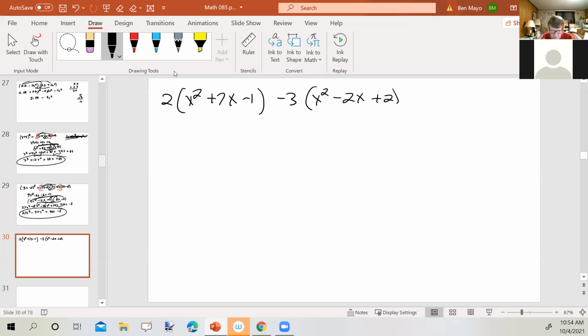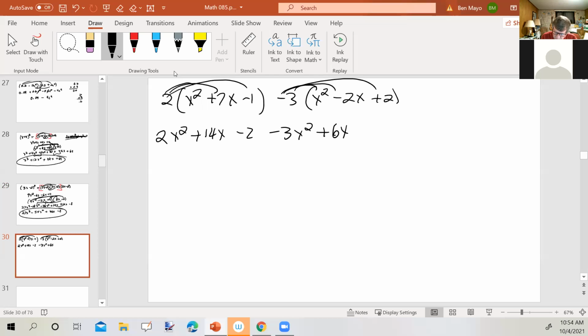We'd look inside the grouping symbols, x squared plus 7x minus 1. There's no like terms in there, can't do anything. Second grouping symbol, same thing. So we're forced to distribute. So we get 2x squared plus 14x minus 2, and then minus 3x squared. Minus 3 times minus 2x is plus 6x, and minus 3 times plus 2 is minus 6.